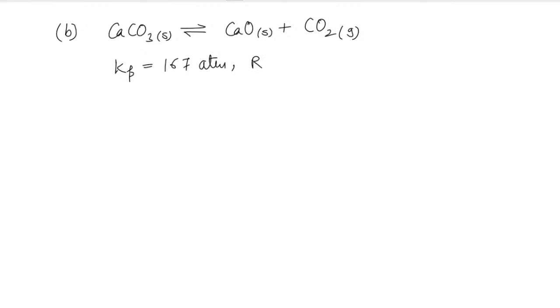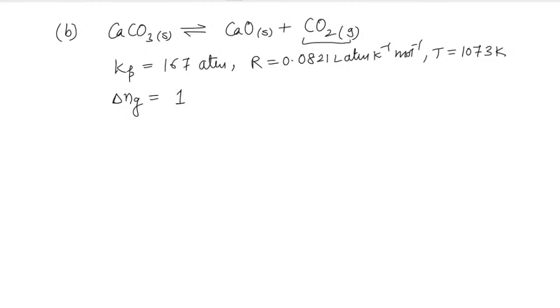R, you know, we have discussed just now, and temperature now it is changed, it is 1073 Kelvin. It is all given to you. Okay. And what is delta Ng? Because it is gaseous moles of product minus gaseous moles of reactant. Only gaseous moles we will consider. So it is 1.